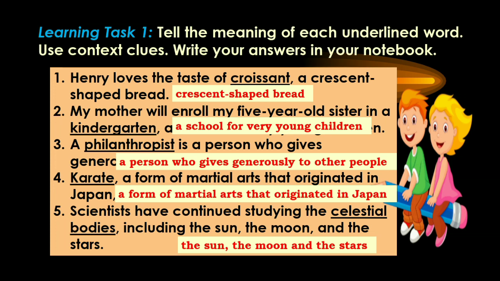Okay, that's great. It is very important to learn the process of finding and interpreting context clues for you to be able to give the meaning of a certain word even if you do not have your dictionary with you. So let's find out what context clues really are.